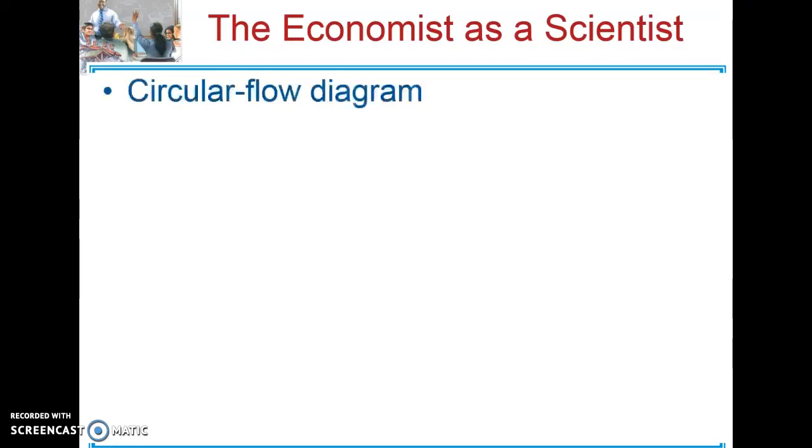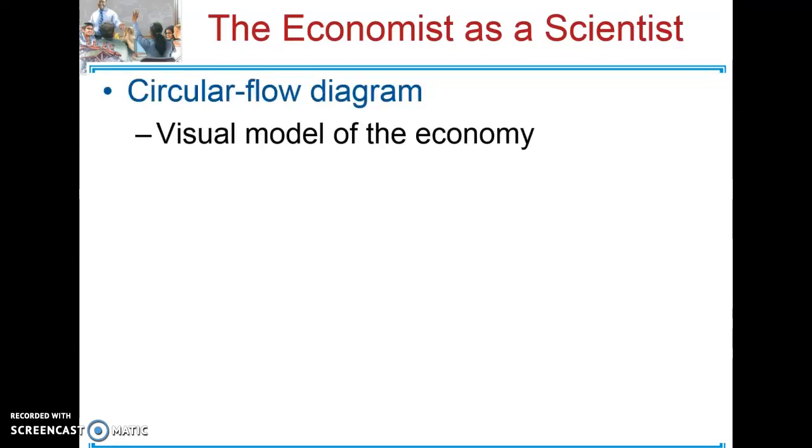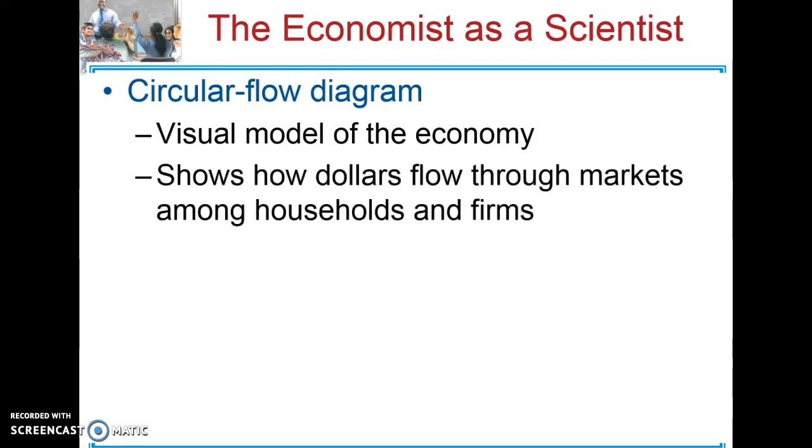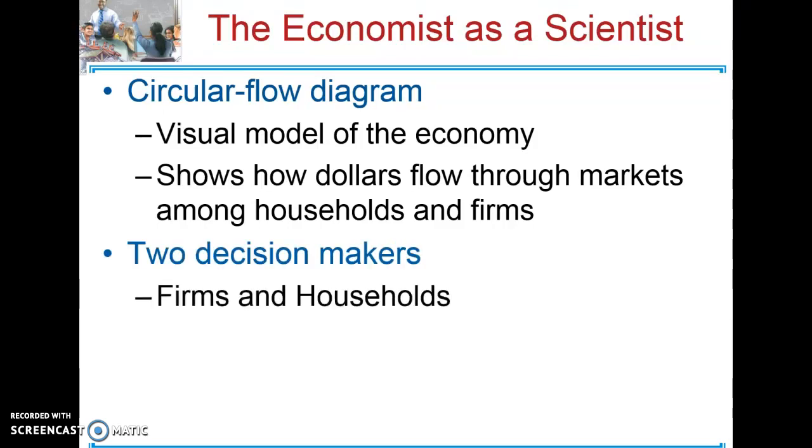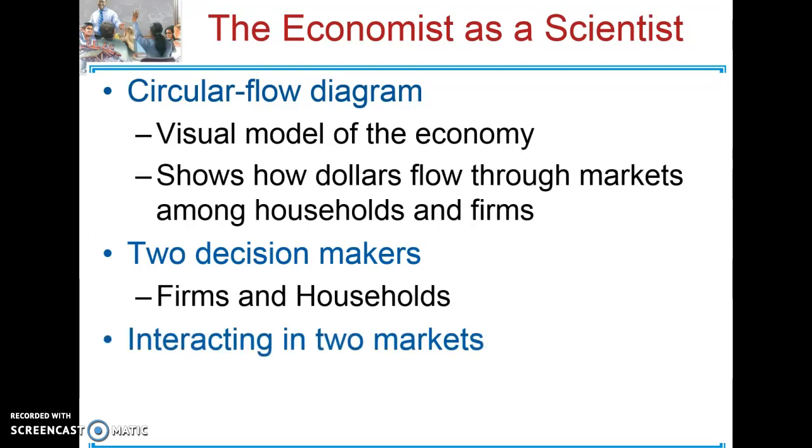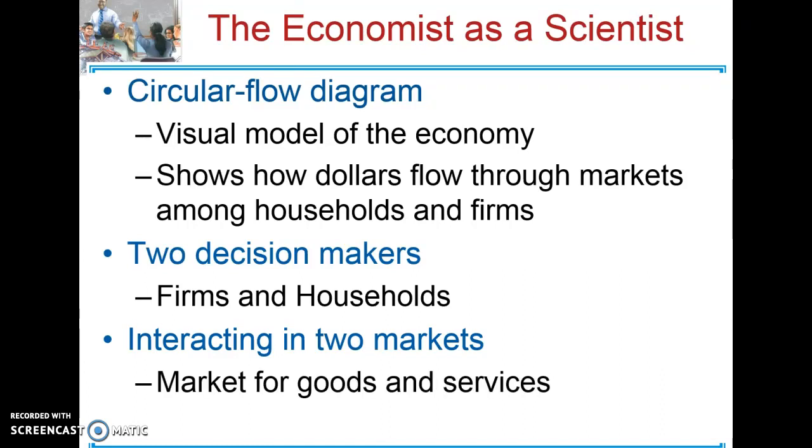The circular flow diagram is a visual model of the economy. The circular flow diagram shows how dollars flow through markets among households and firms. There are two different decision makers: firms and households. And these firms and households, so think of your family household, for example, are interacting in two different markets.